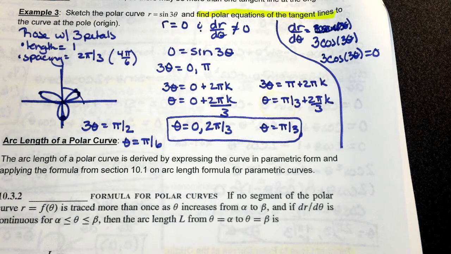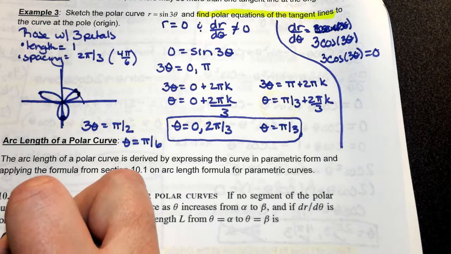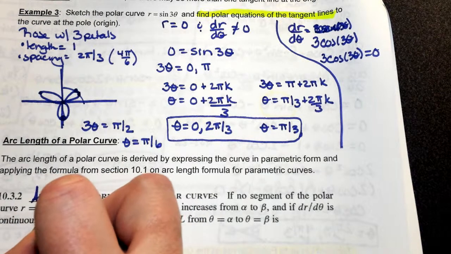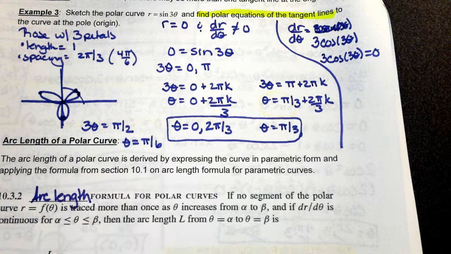So, guys, remember, we've got 3 different coordinate systems. We've got the rectangular, you've got parametric, and you've got polar. So we talk about arc length. You've got an arc length formula for each system. So again, we talk about the arc length formula for polar curves. Still the same idea.